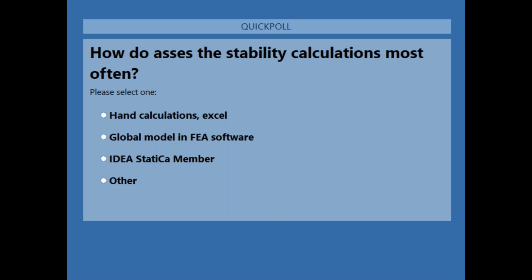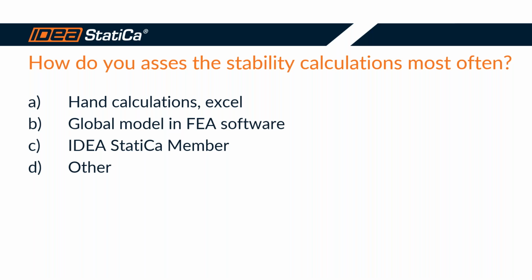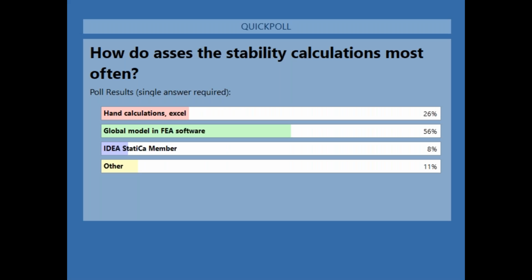I can see the voting is probably over, so I'm closing it now and showing the results. As you can see, the winner is option B, global model in FEA software. It's quite similar to my approach, and if you don't have everything there, you will use hand calculations.